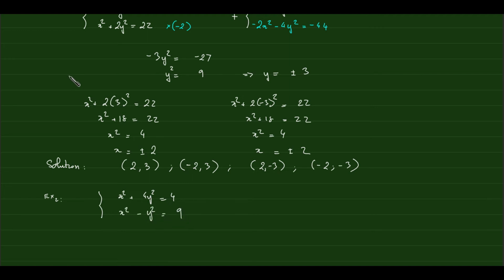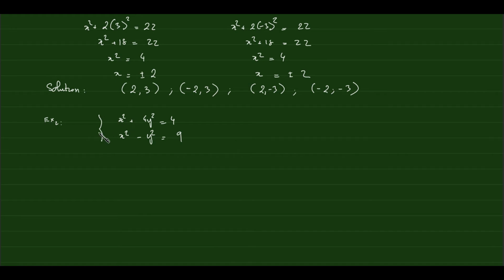So if you look at this one, I can go ahead and multiply this one by -1. Then what we have will be x squared plus 4y squared equals 4, and we get a new equation by multiplying by -1. So you have negative x squared because you want the opposite and the same, right? Plus y squared equals -9.